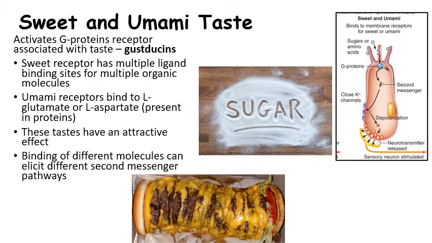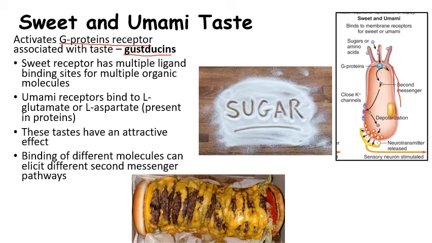So the next three tastes, sweet, umami, and bitter, are going to be stimulated a little bit differently than what we saw for salty and sour. In this case, the receptors are not ion channels, they are G protein coupled receptors, and there is a specific name for the G proteins involved in taste, called gustducins. Okay, and so we're going to get binding to these receptors by the different chemical molecules.